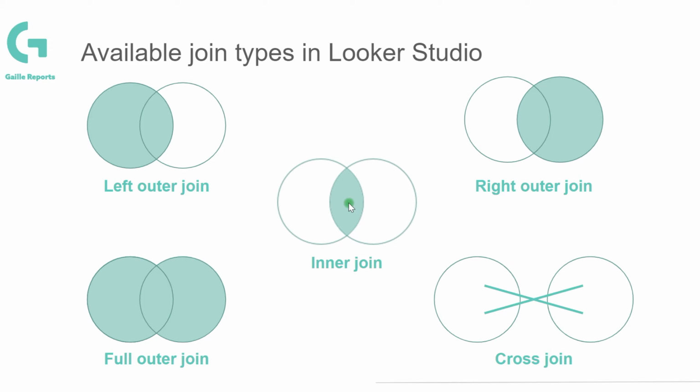We have inner join, when we see only data that was found in both tables. Full outer join, we show all data from both tables, and cross join, when for each row from table A, we have rows from table B. This is a more weird and rarer way of join, but sometimes you could see it.